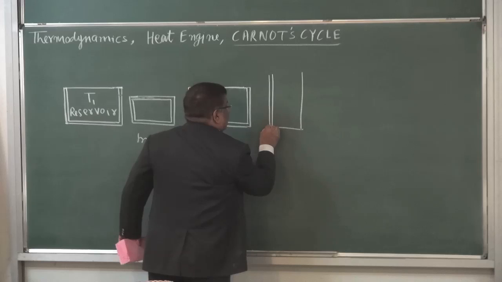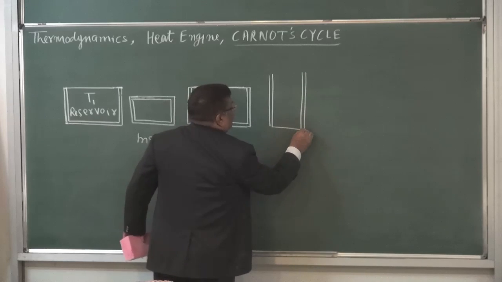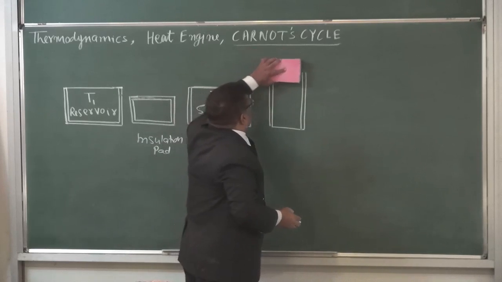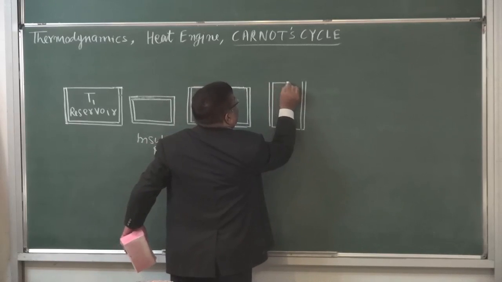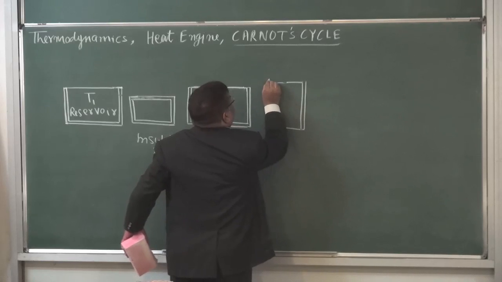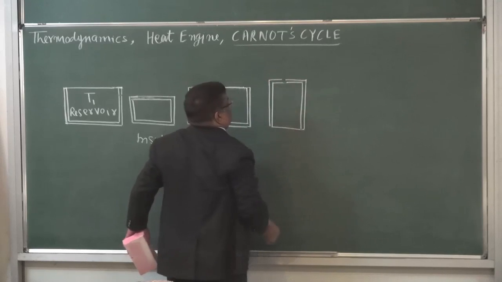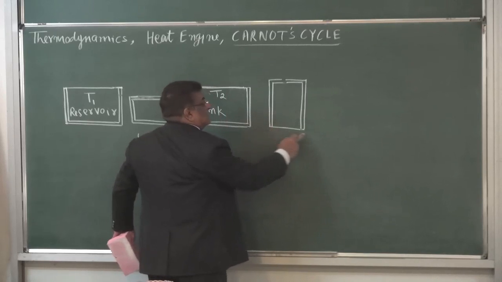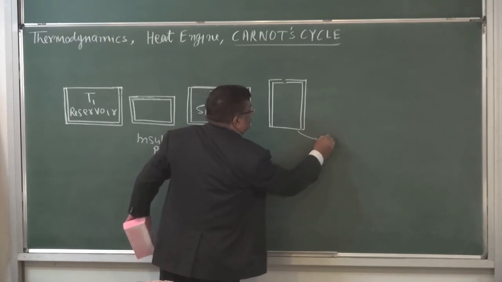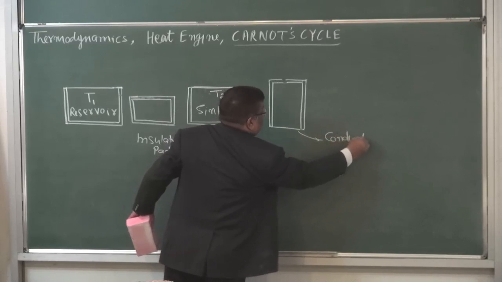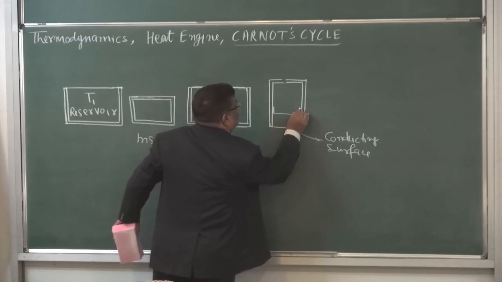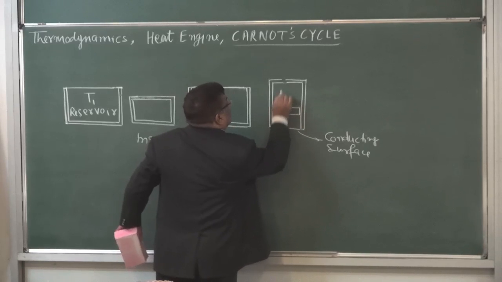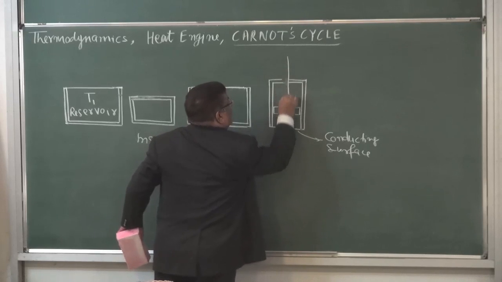This is a cylinder. The specialty of the cylinder is that the walls are insulated. Walls are adiabatic. We will make a diagram. This one side is conducting. Then there is a piston which can move freely in it, and this is connected with a rod here.